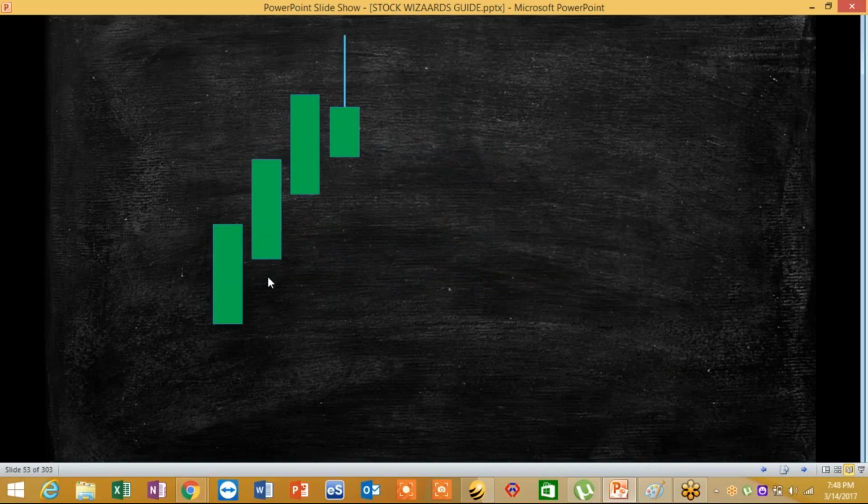So suppose how this candle looks when you see all the candles together: the stock is in a very good uptrend, and you can see prices are going up, up, up. And as soon as you see this, this is the area to be cautious.